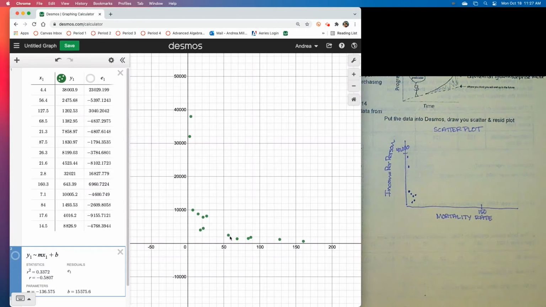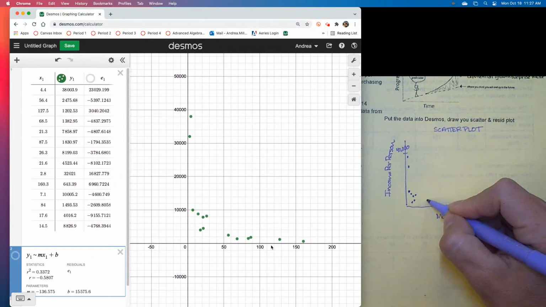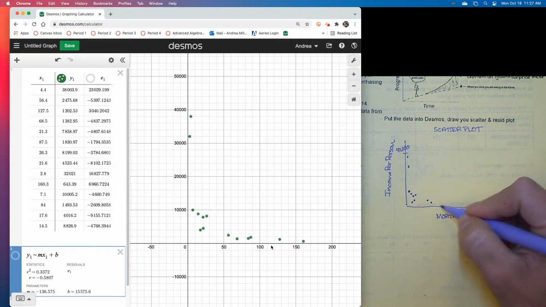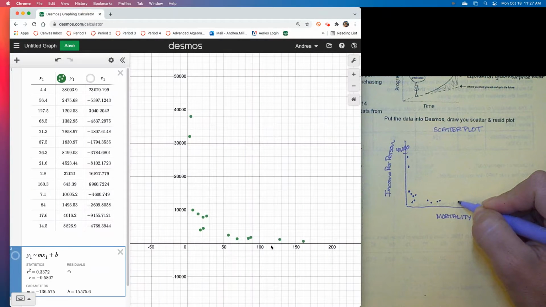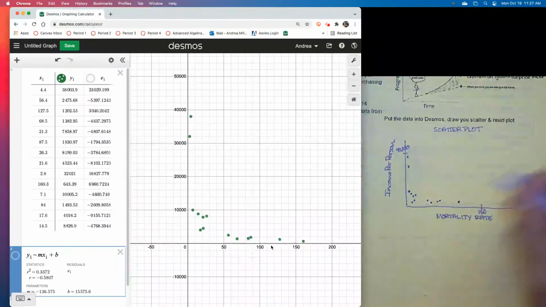Then I've got another clustering of four dots over here, so maybe I'll try to graph those as best I can. Another dot's kind of starting to get spread out, and then I've got another one right past 150. So something like that is a good sketch of my scatter plot.